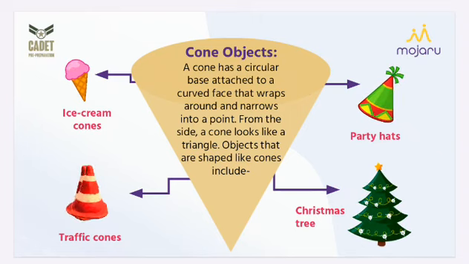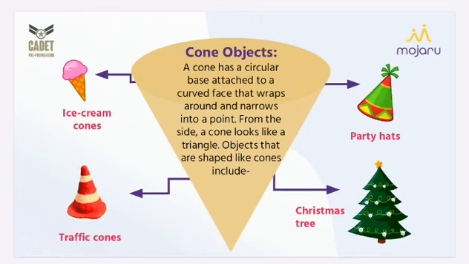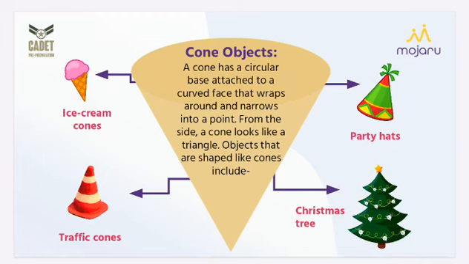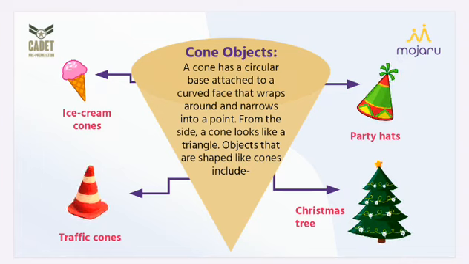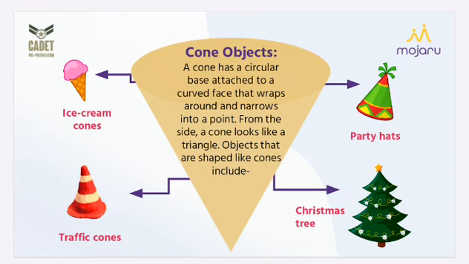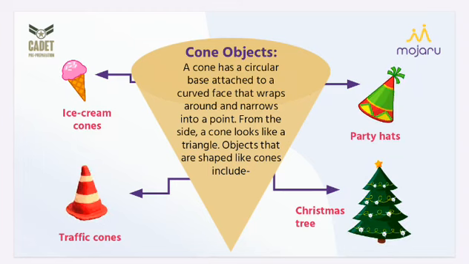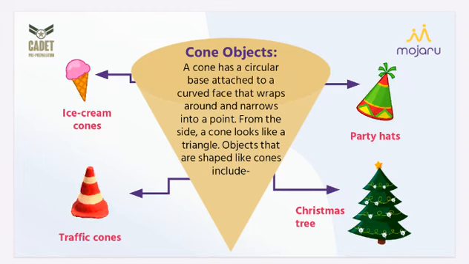A cone has a circular base attached to a curved face that wraps around and narrows into a point. From the side, a cone looks like a triangle. Objects shaped like cones include ice cream cones, party hats, traffic cones, and Christmas trees. If we hear about the cone, this shape will come into our mind.